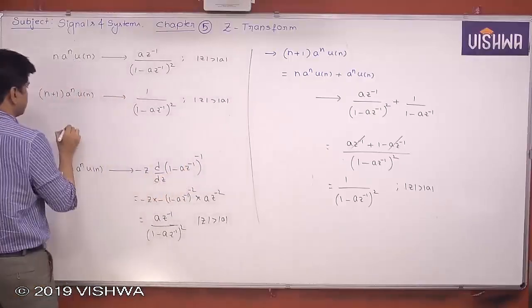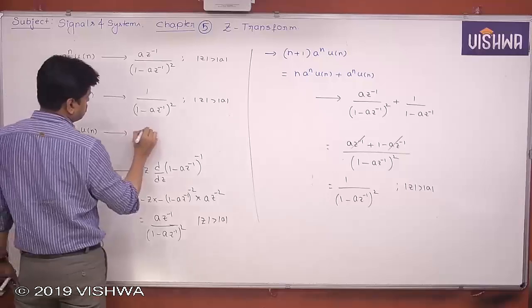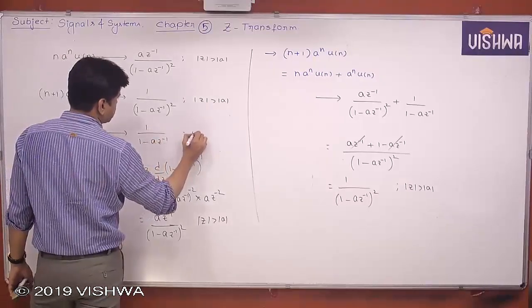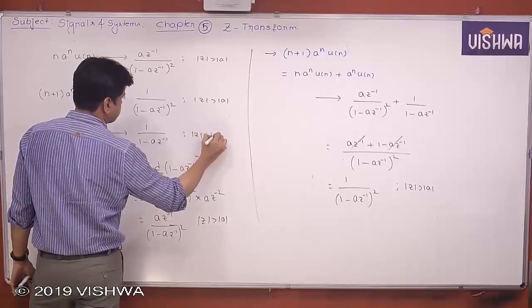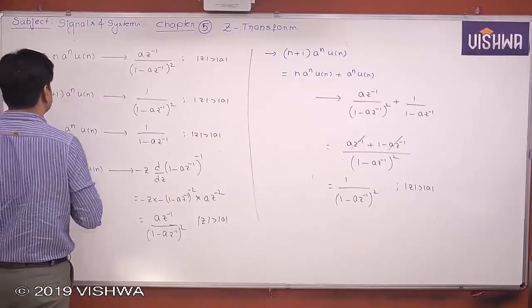And we know a power n u of n also has 1 by 1 minus a Z inverse, mod Z greater than mod a. These are the standard results you have to remember. Standard.